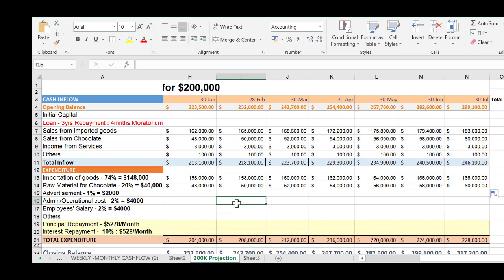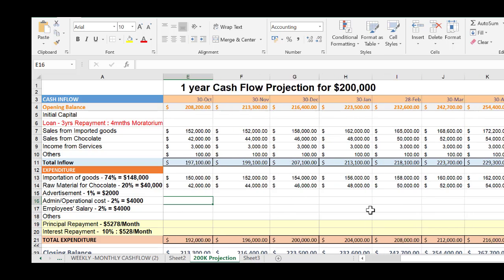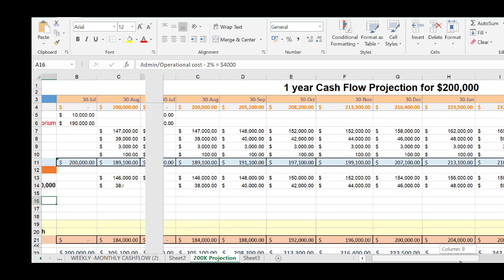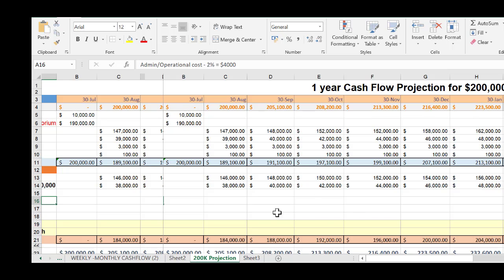All right, we need to look very closely here. Now look at it. I can't spend exactly how much I am making here. This is 146, this is 148.